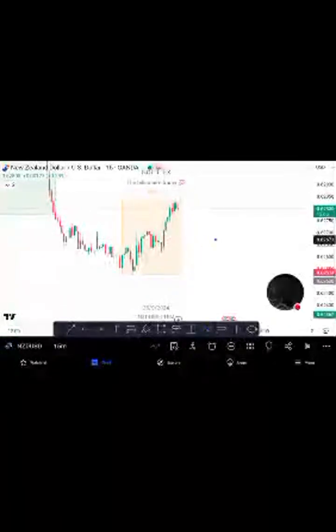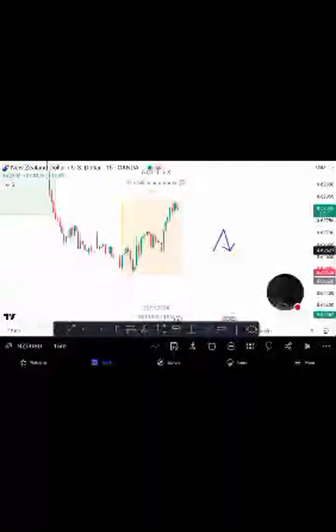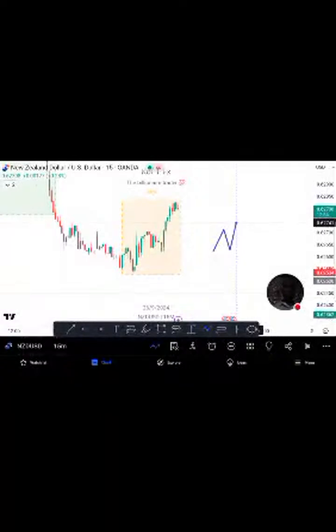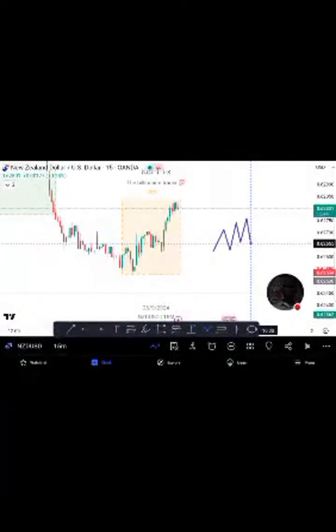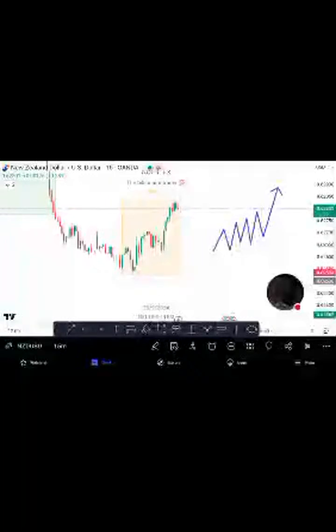Like for a buy setup, this is what I'm looking out for. For a sell setup, it is the inverse of what is there.